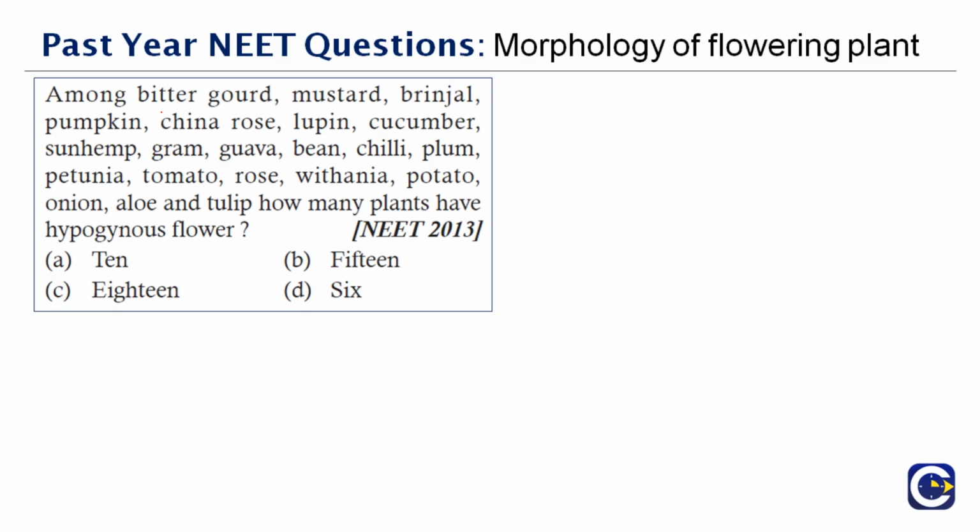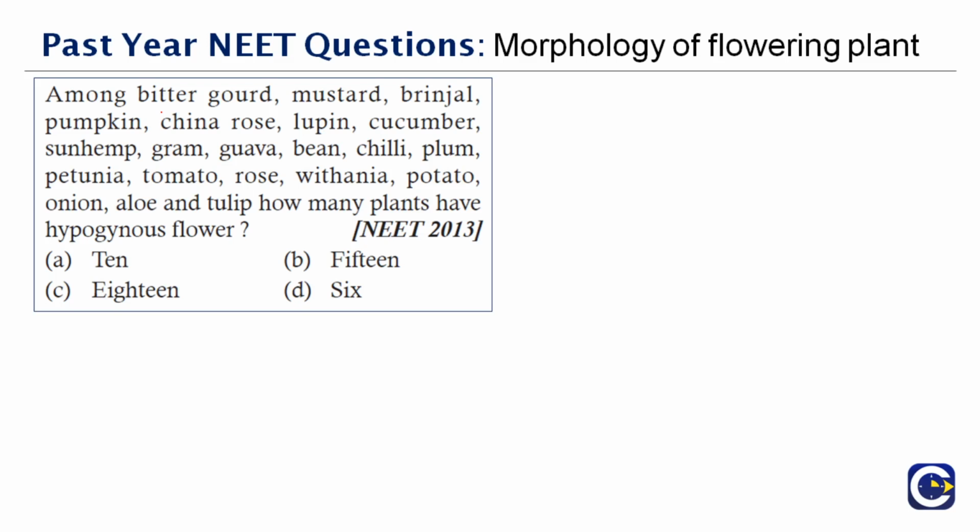How many plants have hypogynous flowers? Now, what do you mean by hypogynous? We just discussed in the very first question of this video perigynous, where we saw the ovary is partly superior and partly inferior. Now we are talking about hypogynous.